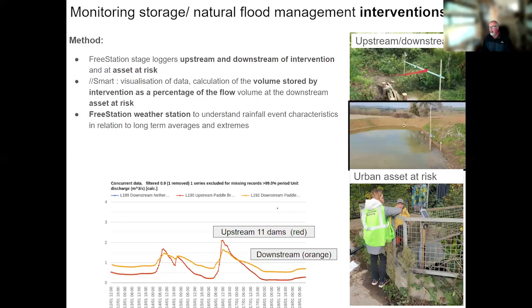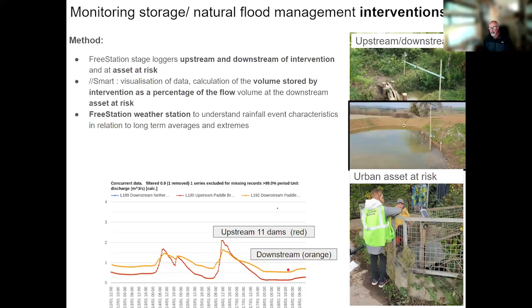So here is an upstream monitor on 11 leaky debris dams, for example. So we need upstream and downstream. And when we have upstream and downstream and we look at the data, we should find, if the intervention is effective, that the downstream orange here of those interventions has an impact on reducing the peaks and extending the low flows.